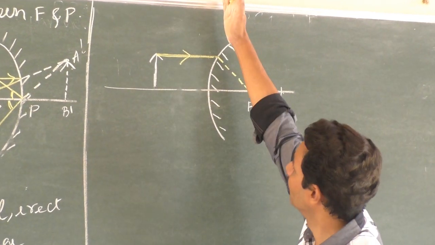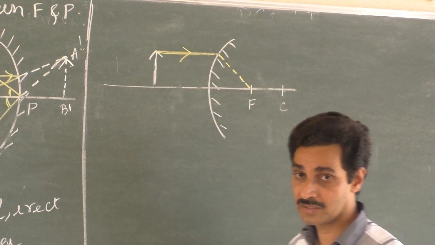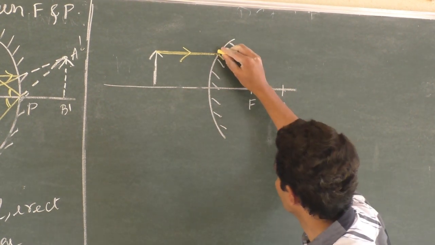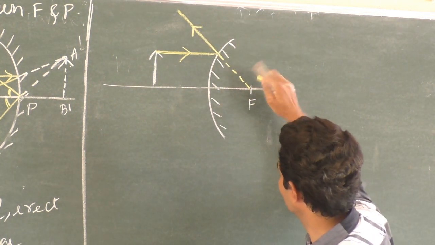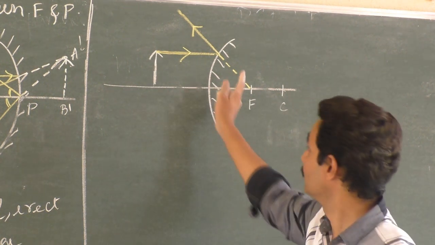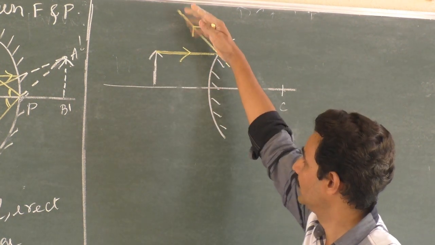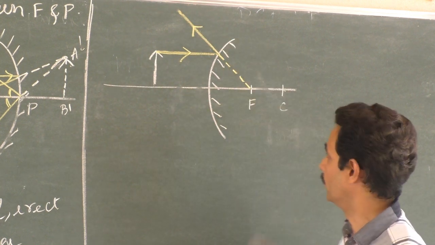Otherwise, simply reflecting it somewhere else and trying to bring it towards the focus doesn't look nice. Now it should reflect in this direction only. Correct? First you join this and see how it gets reflected. So a ray of light parallel to the principal axis after reflection diverges in such a way that it appears to diverge from the focus.